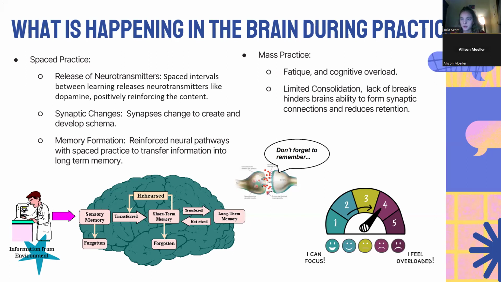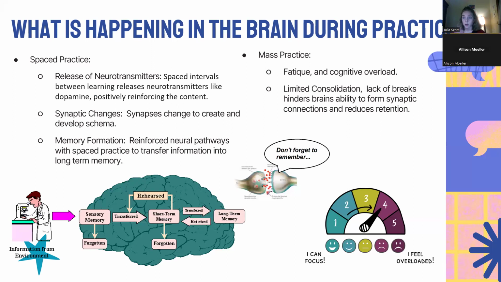This is normally what's happening with mass practice, is we've transferred that information from our sensory memory to our short-term, and then we quickly forget it after we take a test. But as you start retrieving that information from the long-term memory, then that stays in the long term for longer amounts of time, especially after you space out that practice for longer amounts of time.